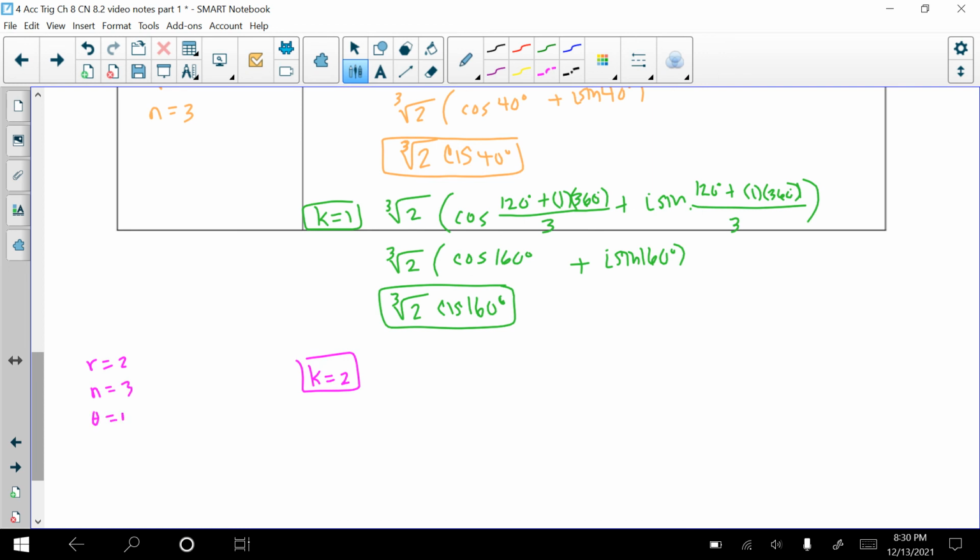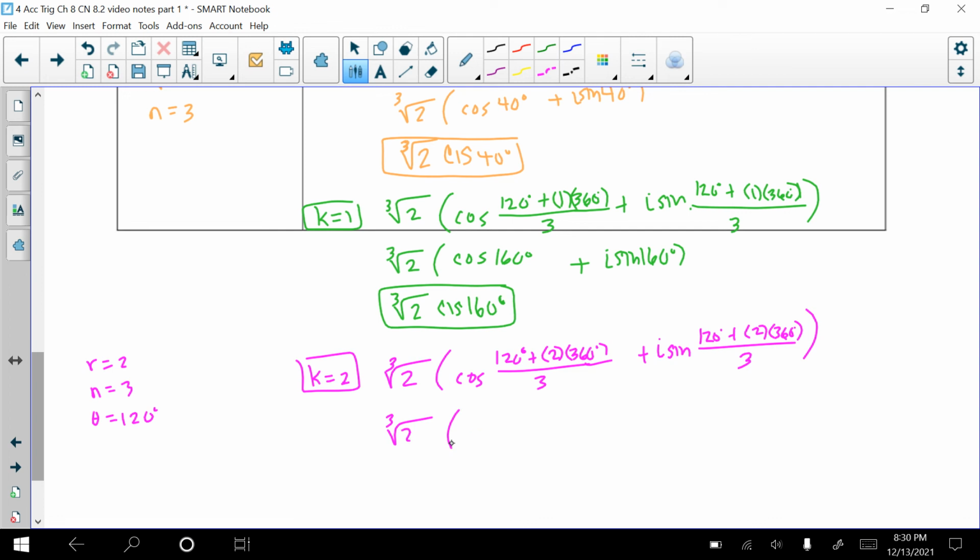I'm just copying those down since they're off my screen right now. Formula-wise, cube root of 2, parentheses, cosine of 120 degrees for theta plus 2 times 360 degrees all over the n value 3, plus i sine of that exact same expression, 120 plus 2 times 360 all over 3.